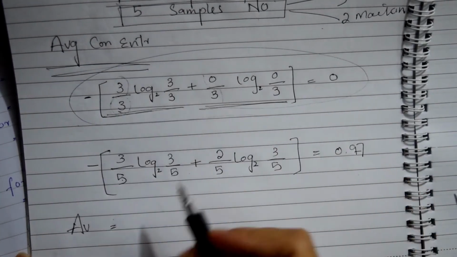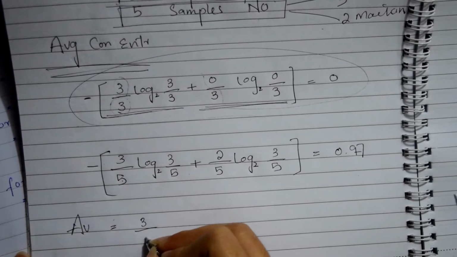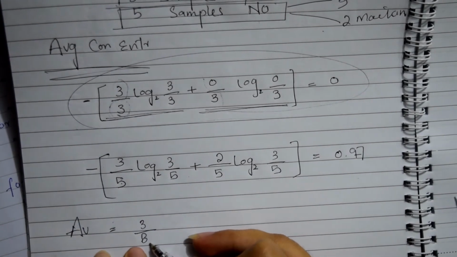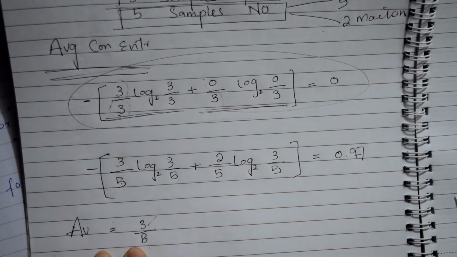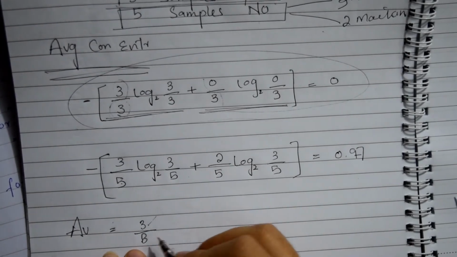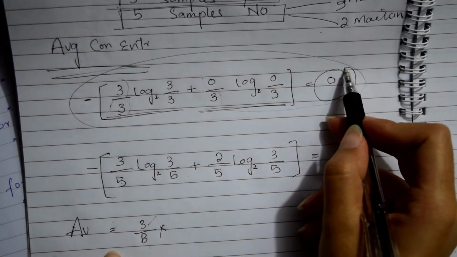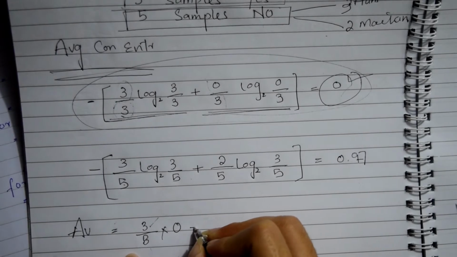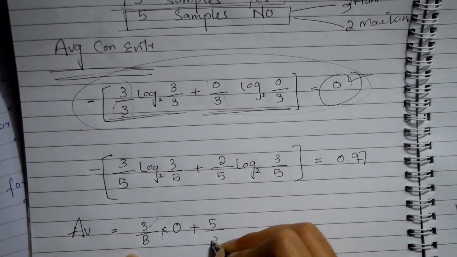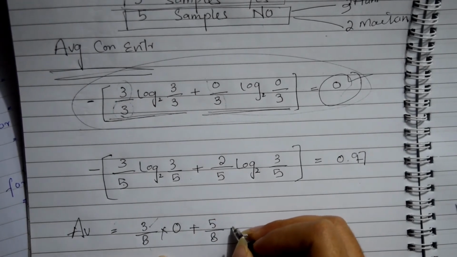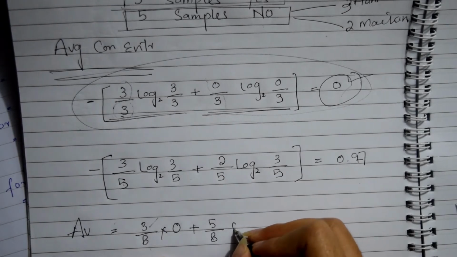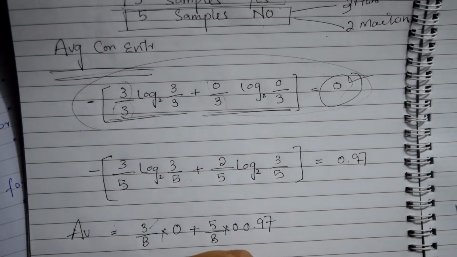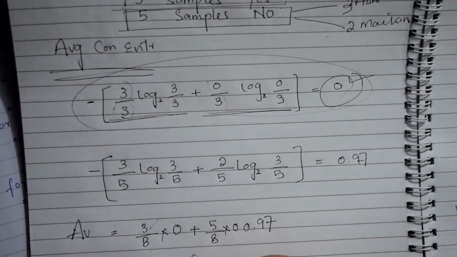this condition with the probability. Our total is 8, in which 3 are yes and 5 are no. So we multiply by the probability for the 3 samples, then add the other for the no's, which is 0.61.